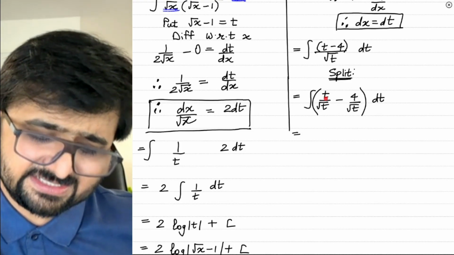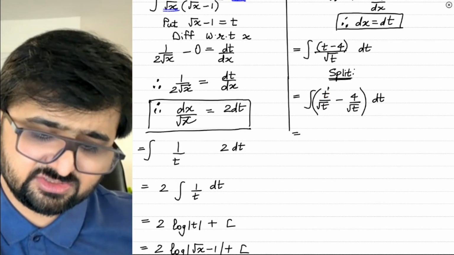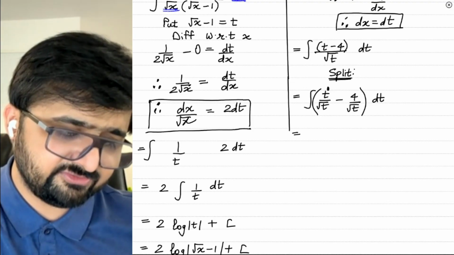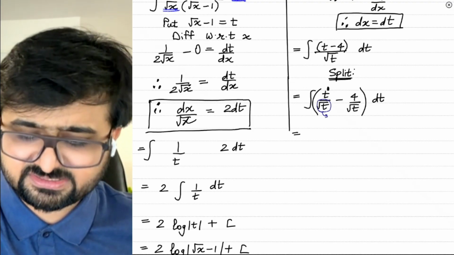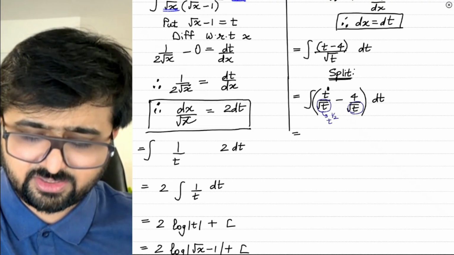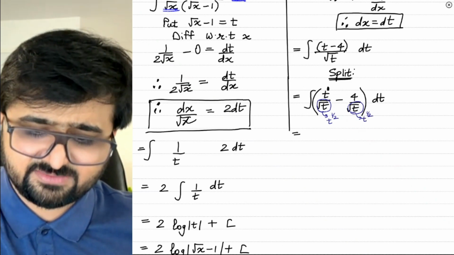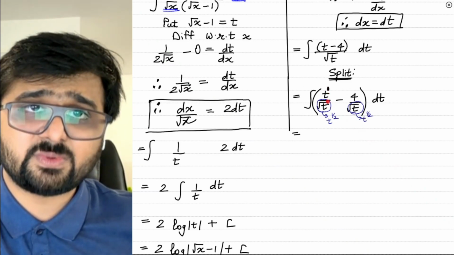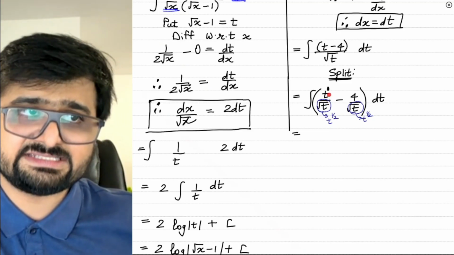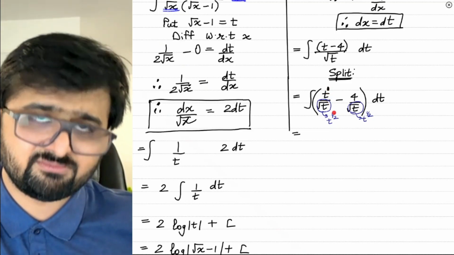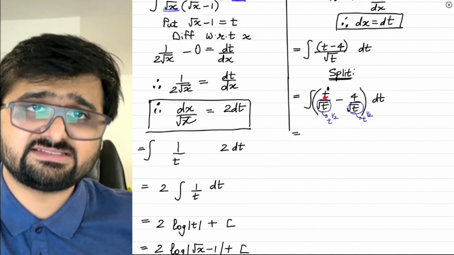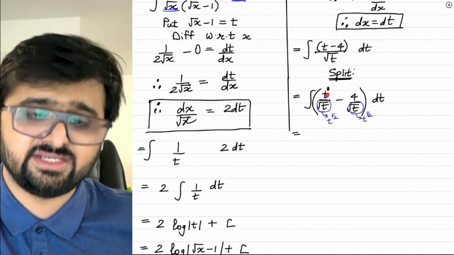Now notice that this t is t to the power 1, and the square root of t is t to the power half. So we can actually simplify this. For t divided by square root of t, we can apply the law of indices. So we get 1 minus half, because the bases are same, the power gets subtracted in division.